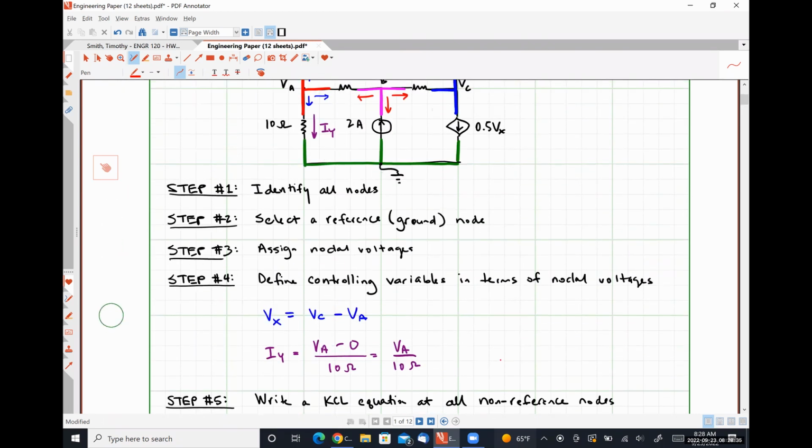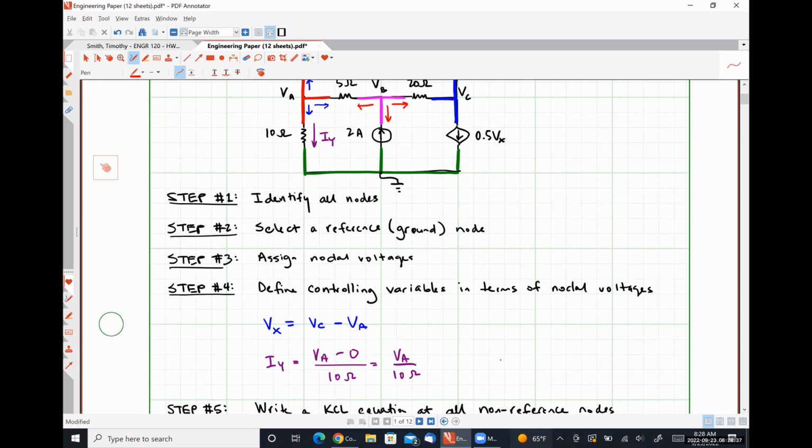Now, the current down. Jacob's smart, right? Tell me what the current directed down leaving VB is. But it's not a resistor. Okay, so exactly right.